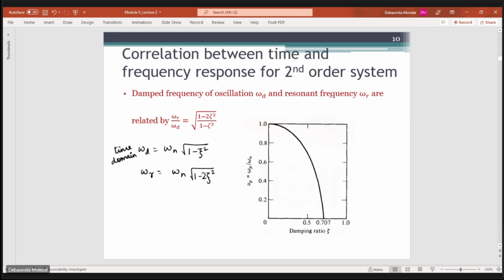So if you divide these two, you will see that ωr and ωd are also related. And if you plot this ratio ωr by ωn with respect to zeta, it will follow a curve like this, and this curve will exist till the value of zeta is 0.707.